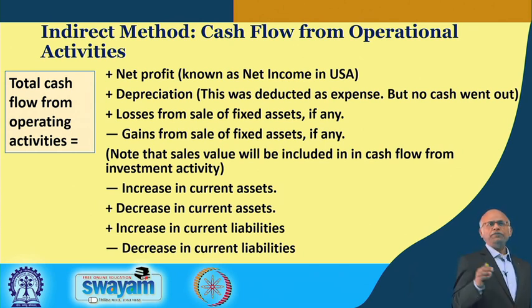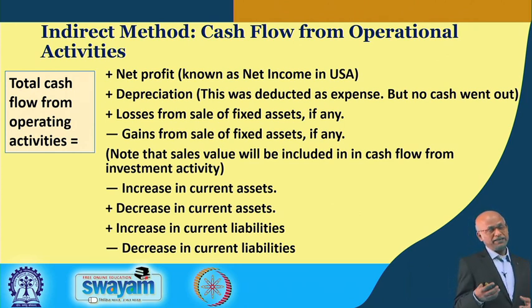Then, suppose you sell some fixed asset in some year. Suppose you bought a billing machine for 10,000 rupees. Now, after a year you realize you do not need this billing machine, you have a computer and a printer, you can do everything on a computer. So, you went and sold the machine in the market.